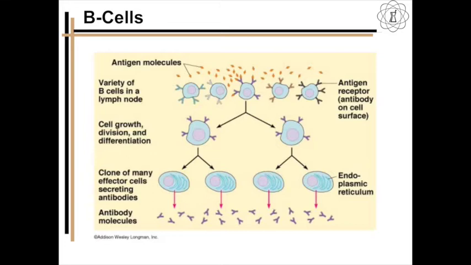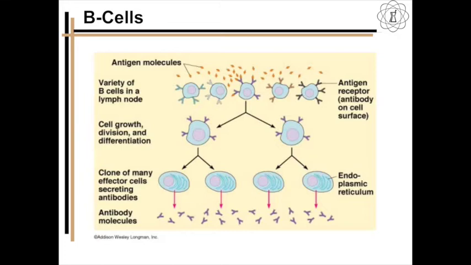All right, so the last type that I want to talk a little bit about are B cells. B cells are the type of immune cells that actually lead to the production of antibodies. So, as we mentioned, T cells and B cells both come from the same place, but basically the cells that are destined to become B cells are going to move to the bone marrow, out of the bone marrow into lymph nodes, and basically they're going to be available for our use at some point in time.